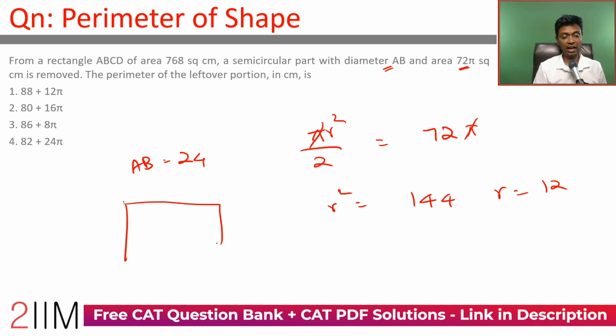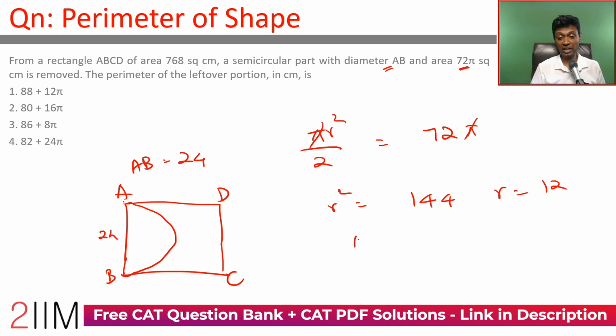So we have an ABCD which measures 24 like this. A semicircle is cut off, right? AB is 24, area is 768, AB into BC is 768, 24 into BC is 768.